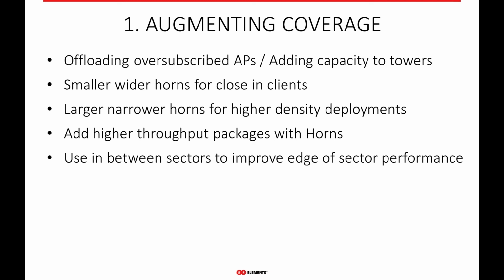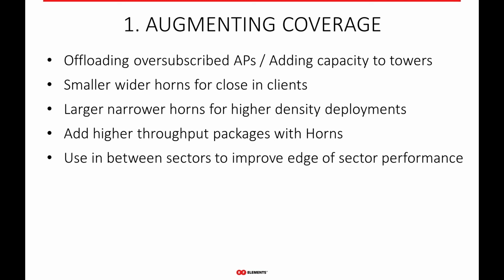Maybe you're just trying to pull in a huge cluster of close-in clients to a horn while keeping the rest of the customers on your traditional sector. Perhaps using the larger, narrow horns for high density deployments. Again, this is another methodology of augmented coverage that we'll go through, and some scenarios that might correspond to what you're trying to do.